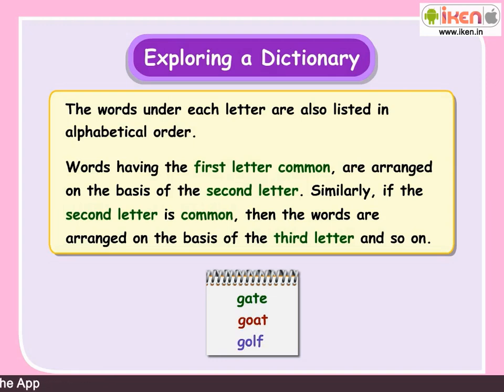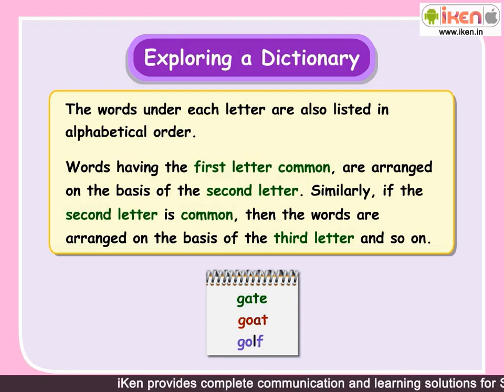In this case, the first two letters are common. So these words are arranged on the basis of the third letters A and L. We know that A comes before L. Therefore, the word goat will appear before the word golf in a dictionary.